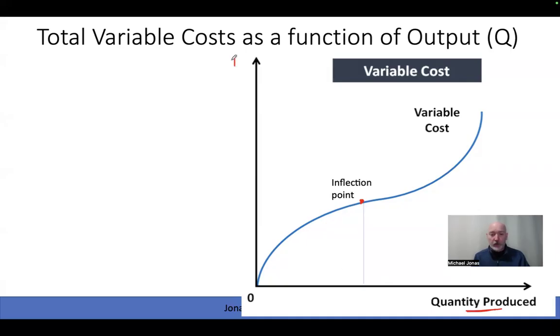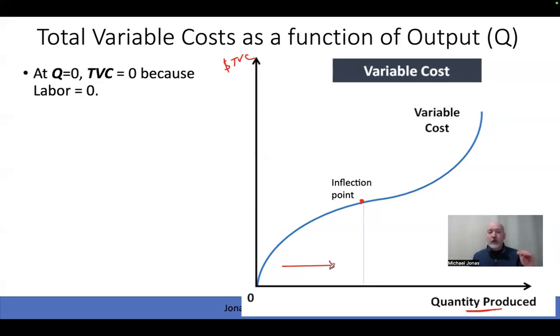And here we're going to have our variable cost, our TVC in dollars, plotted on the vertical. So as advertised, to the left of the inflection point, output's rising quickly, costs are rising more slowly. Once we hit the inflection point, labor is less productive, costs are going to rise at a quicker pace.